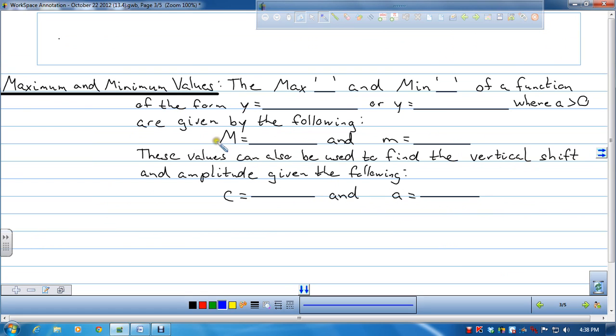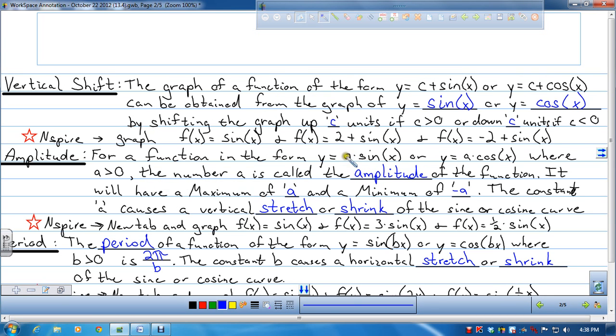Now the maximum and minimum values, we told you that those are found, we can find the amplitude here. If we just have something being multiplied by the sine or cosine, that amplitude will give us the maximum or the minimum. But there's a chance that we could have more than one of these things going on.